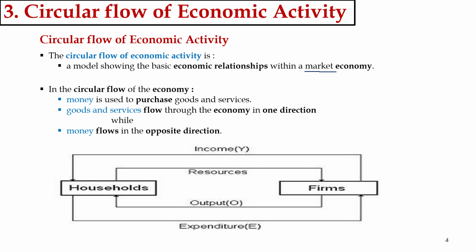So here we will see in the diagram, I will explain you with an example, that goods and services flow through the economy in one direction while the money flows in the other direction. So here we can see this diagram. In this diagram, on one side we have households. Say for example, there is Mr. John.